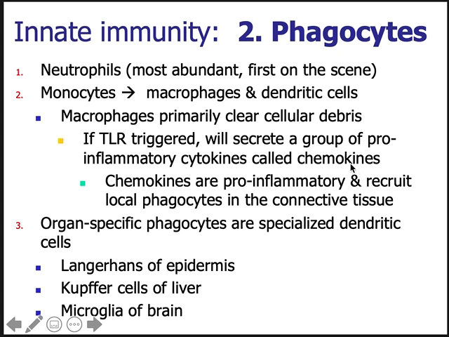Okay, so chemokines, you would know, oh, that's the specialized group of cytokines that promote inflammation and recruit local phagocytes into the tissue where the problem is, okay? And so we're going to talk a lot about this whole response right now.